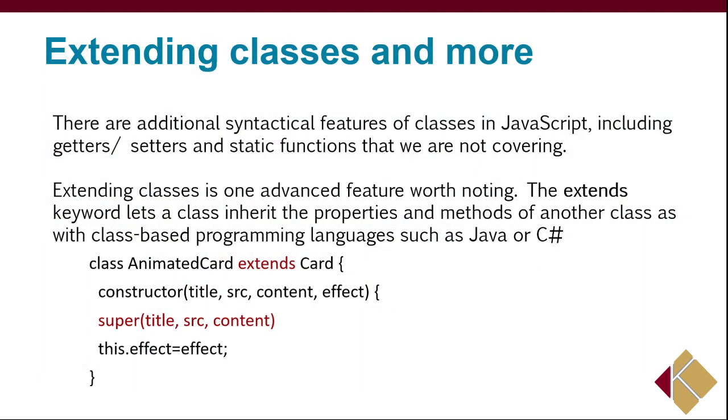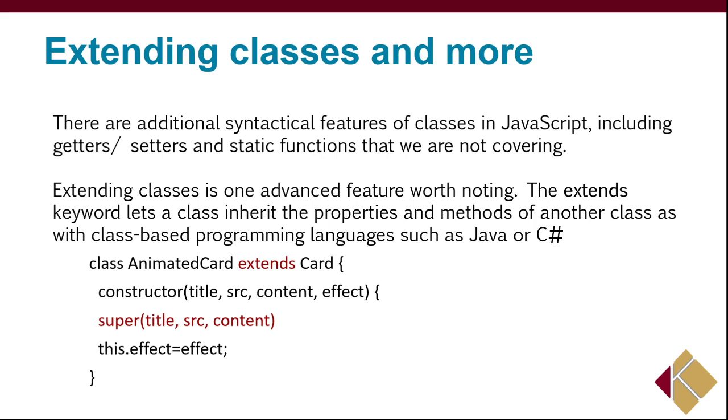All right. Extending classes. Oh, I apologize. I was thinking of extending classes when I was talking about extending objects. So this is an example of extending a class. This is using the card class to create a new class called animated card.